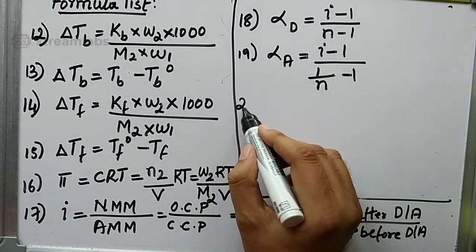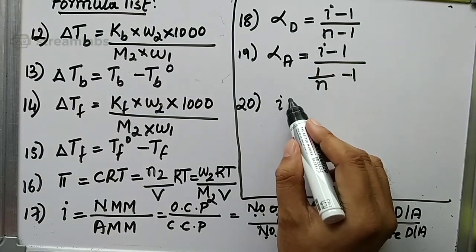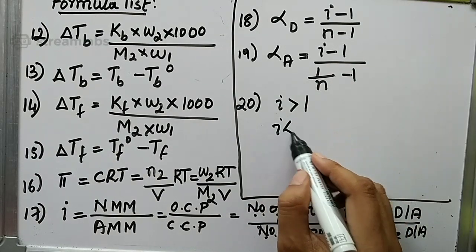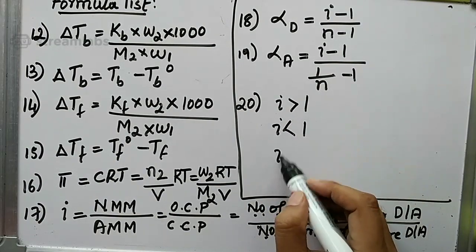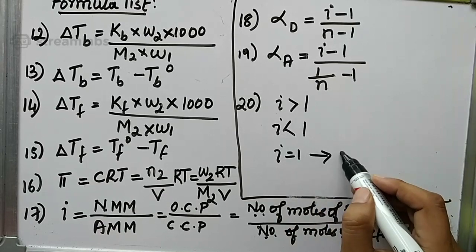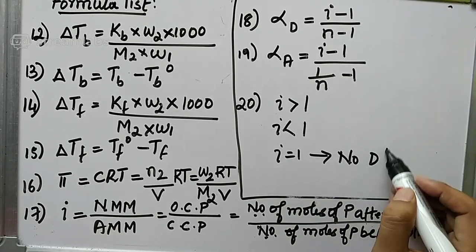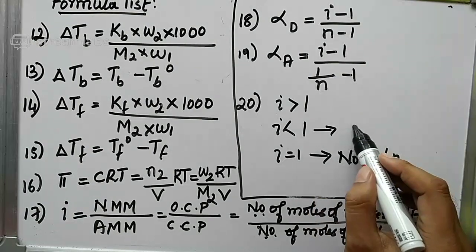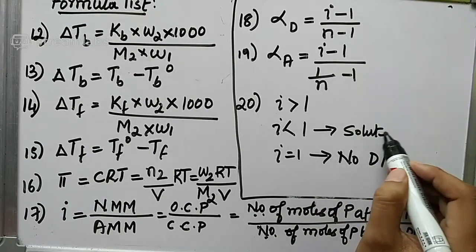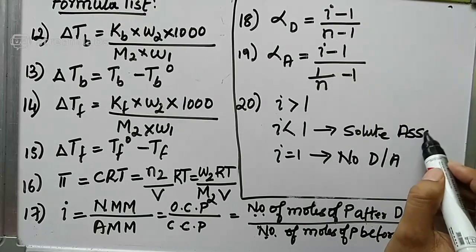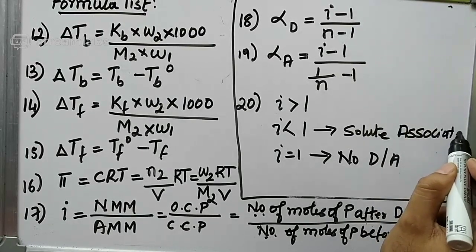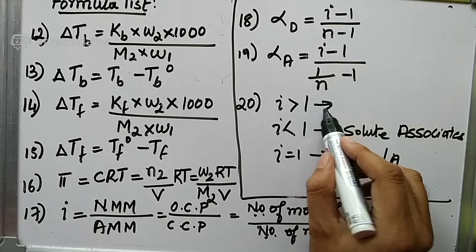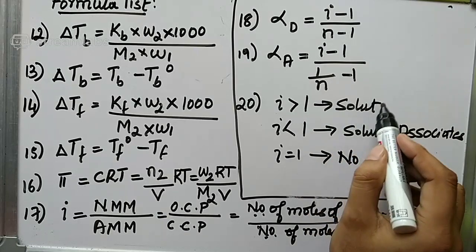And 20th point that you need to remember: if I is equal to 1, here no dissociation or association. Here if I is less than 1, so solute associates, and if I is greater than 1, solute dissociates.